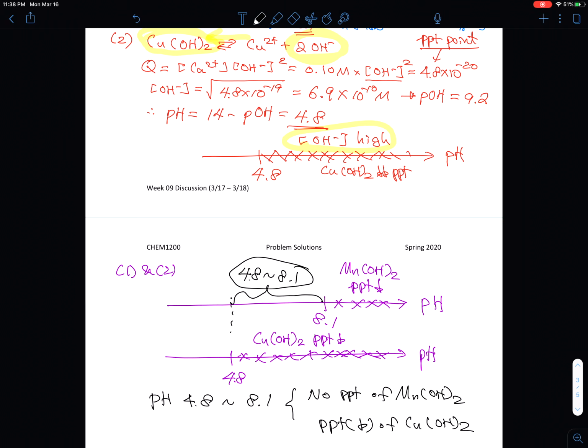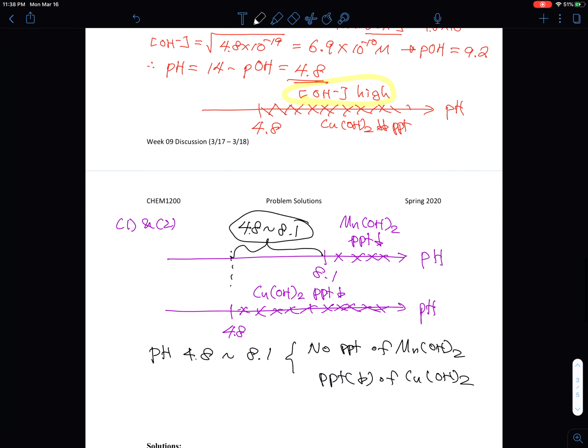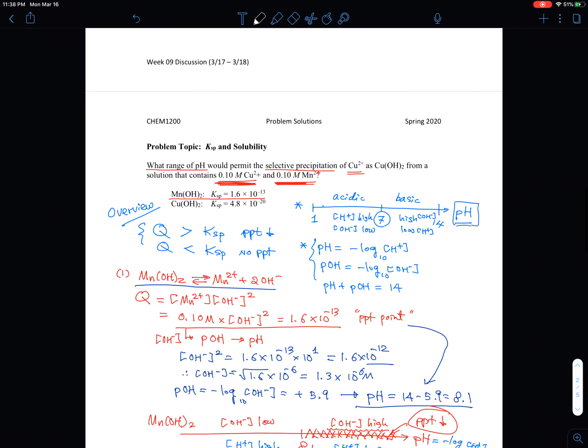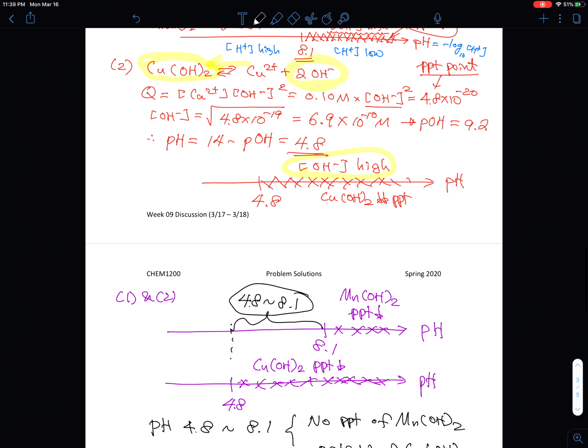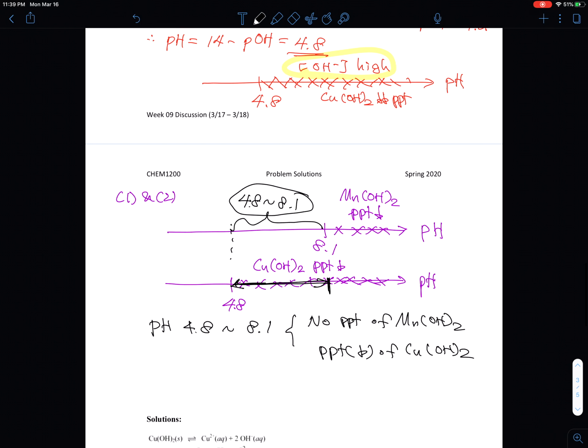That's the answer for the range, because the problem asked what range of pH would permit selective precipitation of copper as copper hydroxide. As you can see, this is the range where we see selective precipitation of copper. Okay, so that's the answer. Thank you.